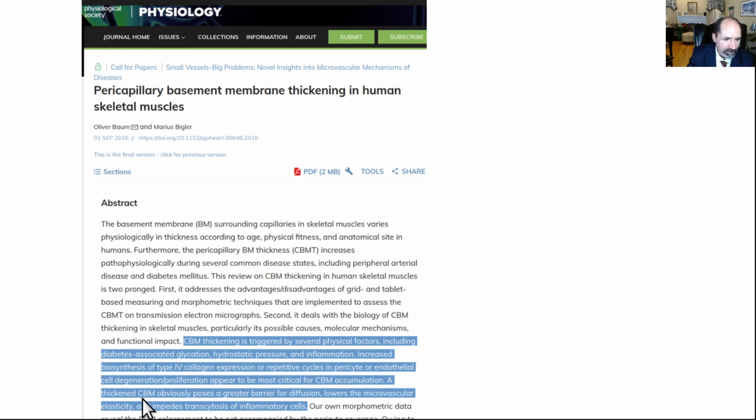A thickened capillary basement membrane obviously poses a greater barrier for diffusion, and it lowers the microvascular elasticity, and here's a key point, it impedes transcytosis of inflammatory cells. Yes, it immunosuppresses you. How can your immune system function as effectively when it's struggling to get across this scarred, thickened capillary basement membrane?